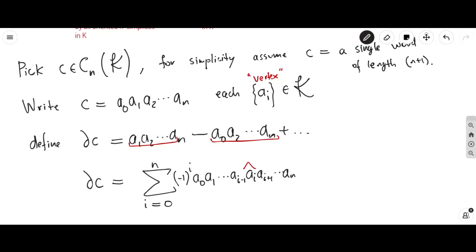That's the way you define the boundary operator. It's actually easier to define the boundary operator in this combinatorial sense because you have no maps to deal with. It's just a formal sum of words. By removing one of these letters, you lower the dimension and you keep the orientation of the letters the way it is.